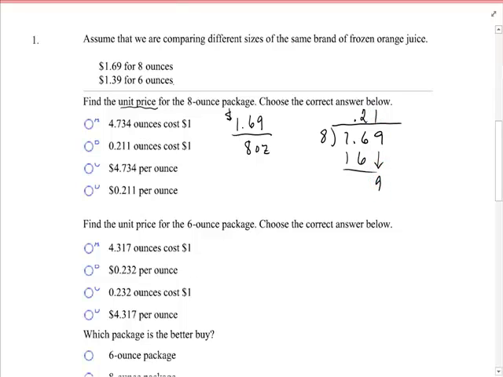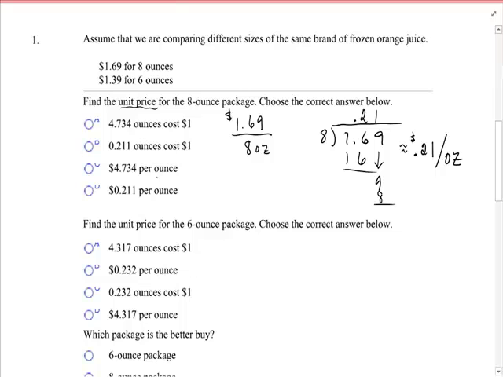Now, as I look at these, I've already got all I need, but I do need to think about my units. I'm going to stop the problem because I don't need to go any further. This is approximately 21 cents, because money was on top, per ounce, because ounces were on bottom. So I have 2 that show the 0.21, and it goes one more decimal place than I did.